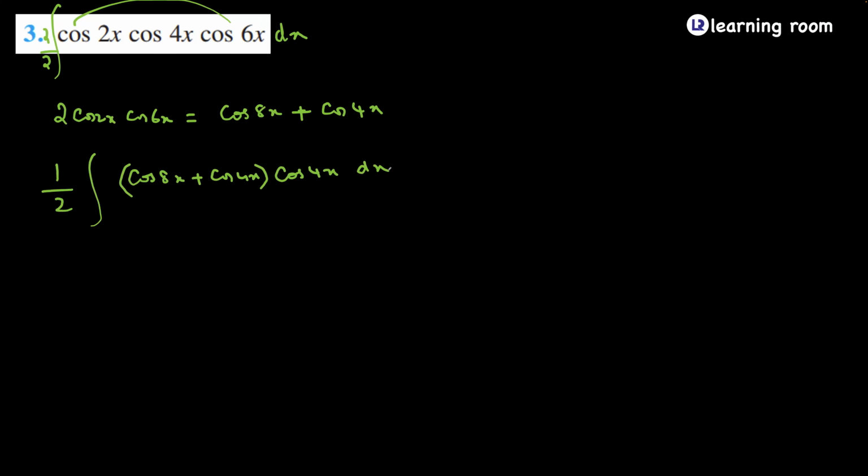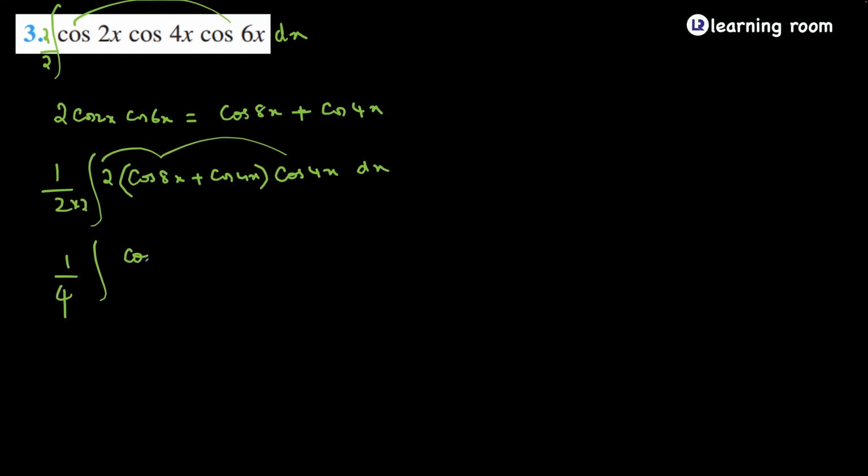Now 1/2 you leave as it is. You're going to multiply and divide by 2 here so that it becomes 1/4 into the integral of 2 cos 8x cos 4x. How much is that?